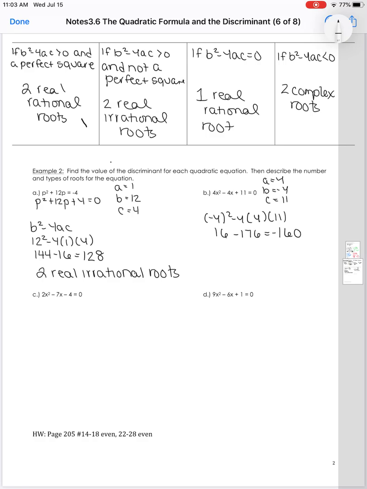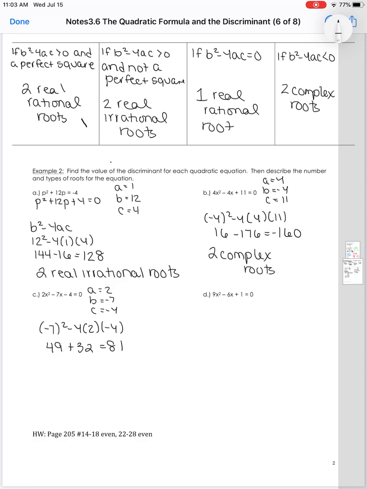In B's case, everything's in the right spot to start with. When I sub in b squared minus 4 times a times c, I get 16 minus 176, which is negative 160. My discriminant is negative, which means I'm going to have 2 complex roots. So this is column number 4 on the chart above.